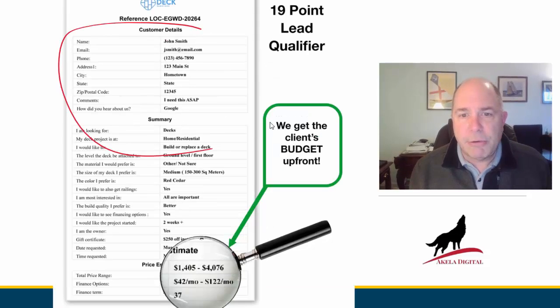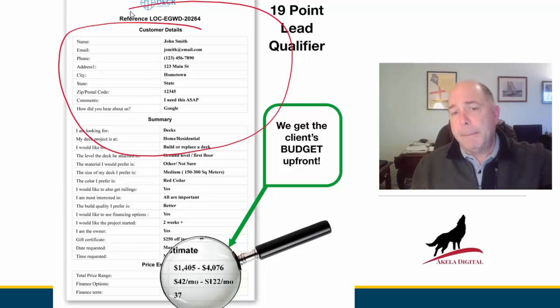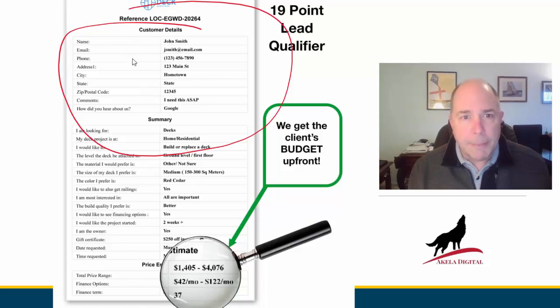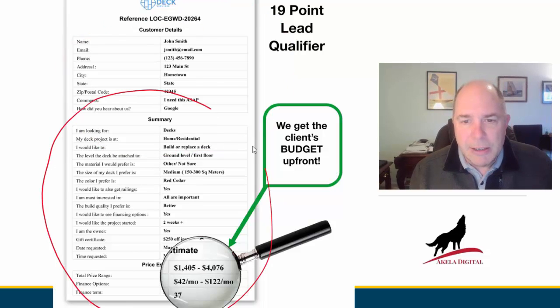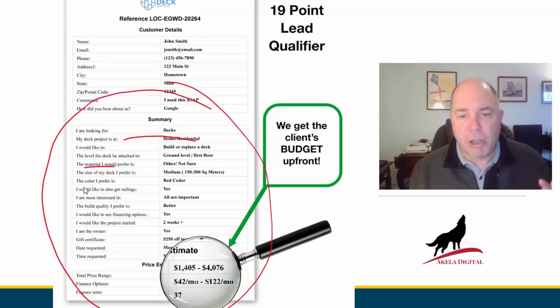So here is your basic information, name, email, zip code, etc. And here is what makes it the highest quality lead available. You're looking at what kind of project, the material you want to use, the color you want to use, the type of build quality you're looking for, right?